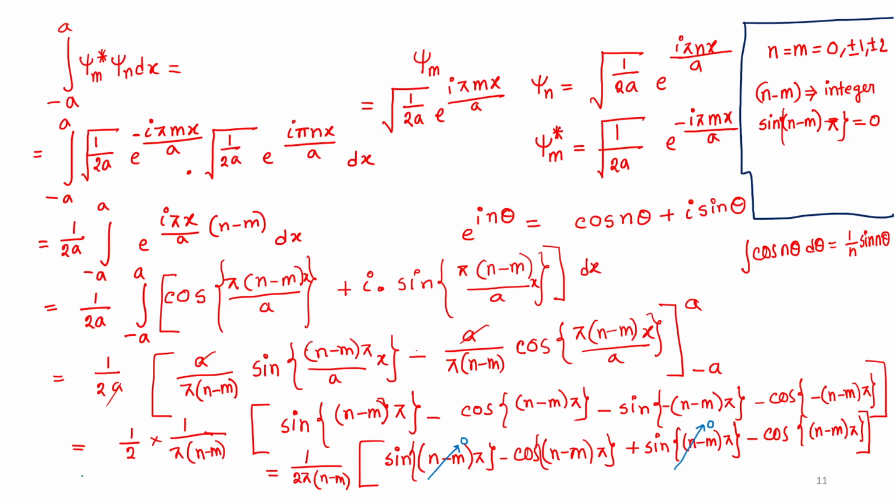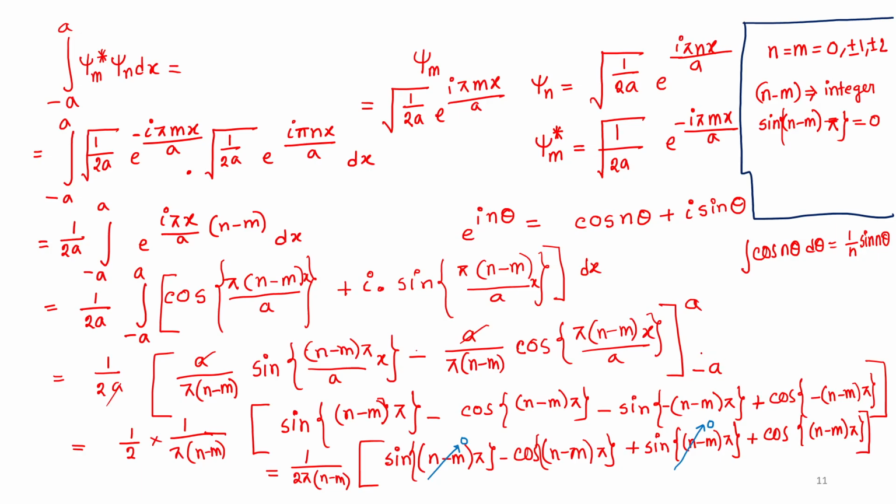I have made one mistake: this is sine minus cos, and this should have been minus plus. The minus sign is inside, but I have mistakenly written it, though I guess you can understand. Sine (n minus m) pi minus cos.